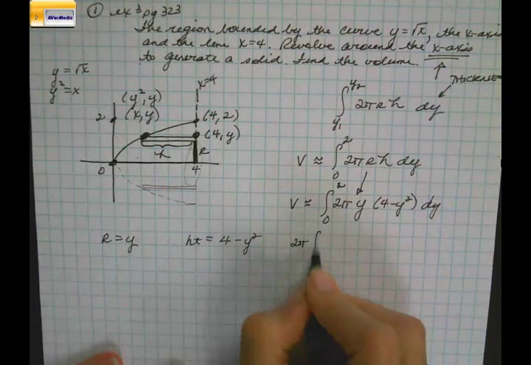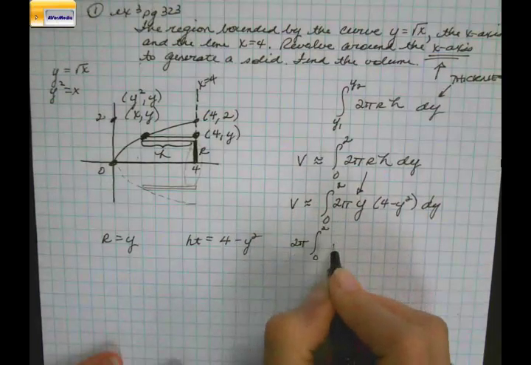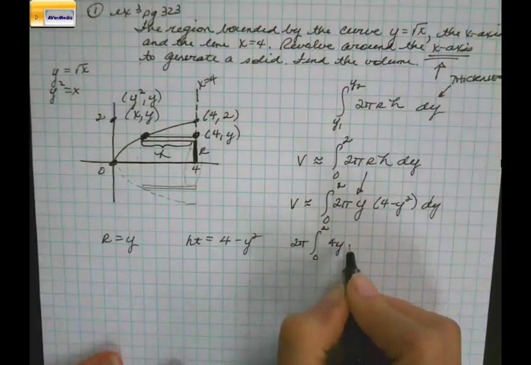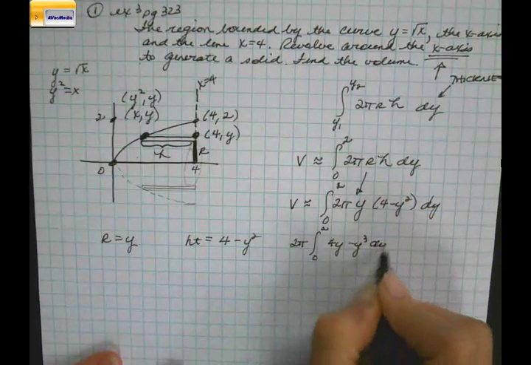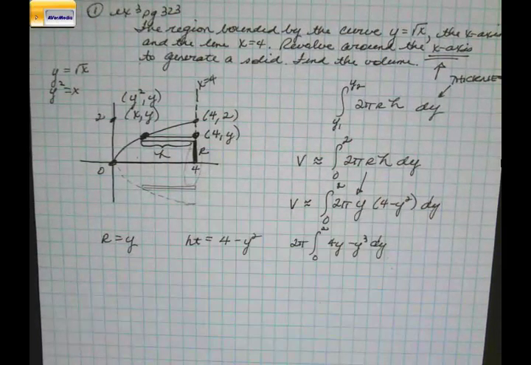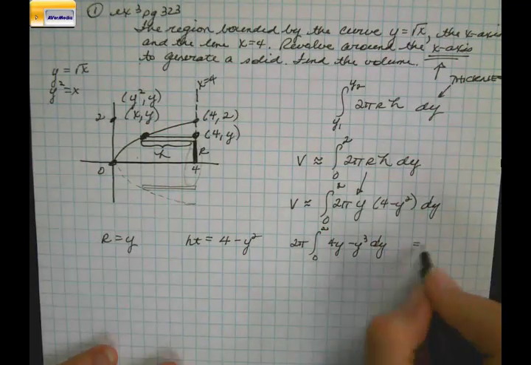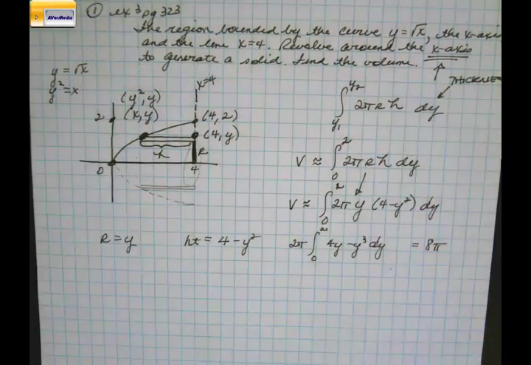So when you get ready to do the mechanics of integration, pull the 2 pi out front and distribute the y, integrating from 0 to 2. And this is supposed to then equal 8 pi.